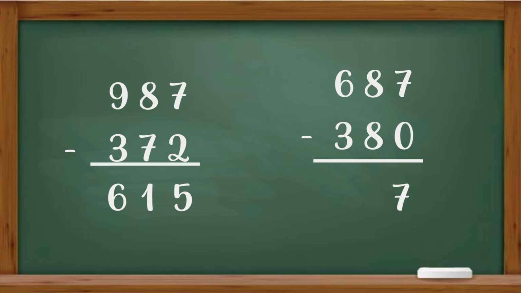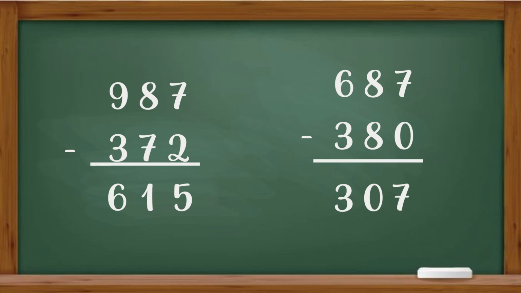Next we will do 8 minus 8, which is equals to 0. Whenever we subtract two numbers which are same, we get 0. Next, we will do 6 minus 3, which is equals to 3. So here we get the answer 307.